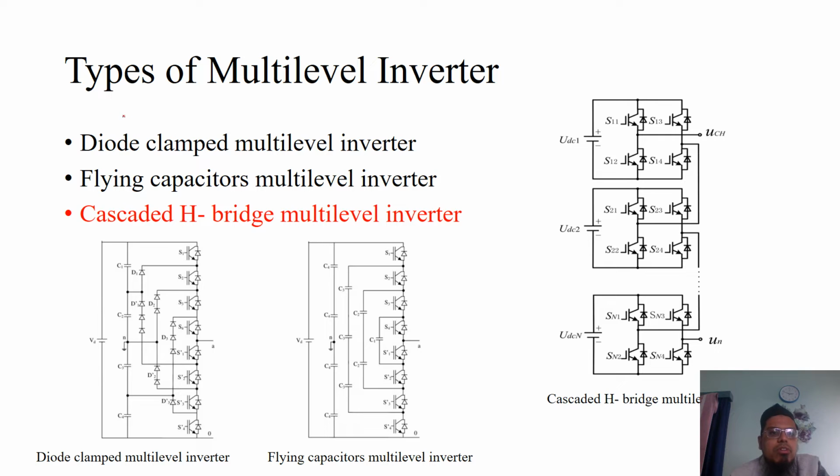Now talking about some types of multi-level inverters. The first is the diode clamp, then flying capacitor, then cascaded H-bridge multi-level inverters. They are quite popular, and I think they have been in the market for 2-3 decades.